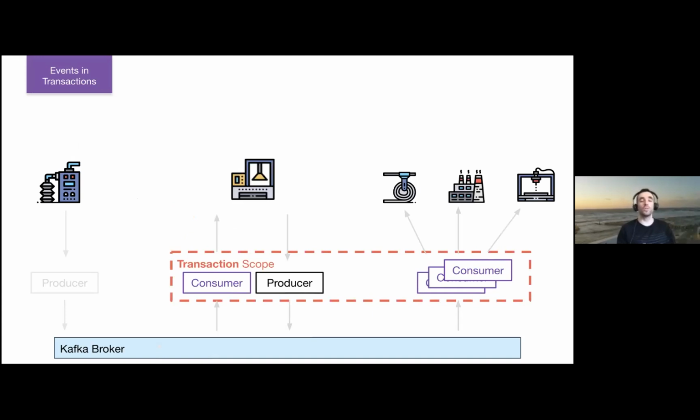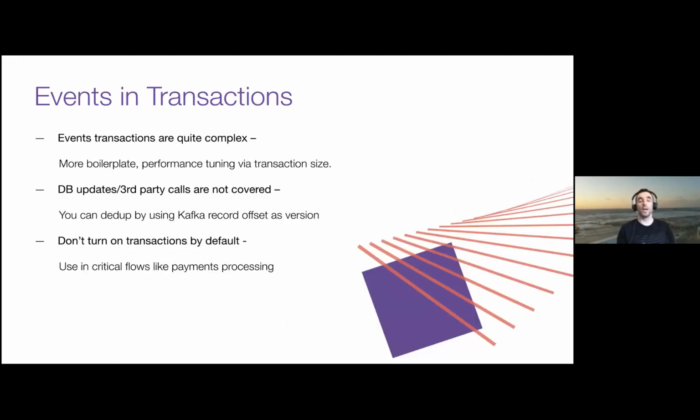Now, about the rest of the flow here, it's a little bit more complicated than the idempotent producer at the beginning. Actually, Kafka creates a transaction between the consumer producer here, or processor, and the downstream consumer. And this has quite a lot of details into it, which I won't get into because we are short in time.